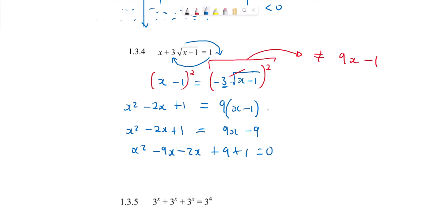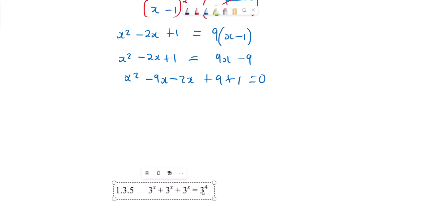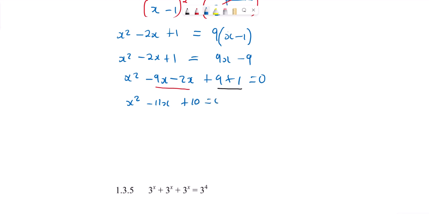Now this looks familiar, zero product law. But let's continue. Let me just get rid of this downwards. So here we are simply going to look at the like terms, so that will be x squared minus 11x plus 10 is the same as 0.